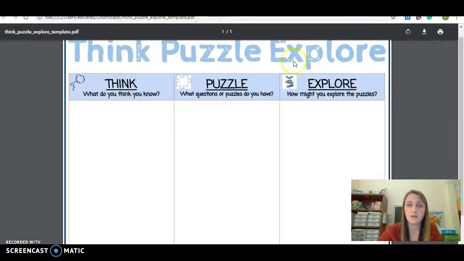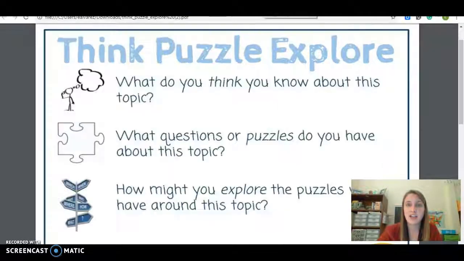I will attach these, the Think Puzzle Explore sheet, let's go back to them really quick. Both of this sheet as well as the Think Puzzle Explore overview of what that looks like.